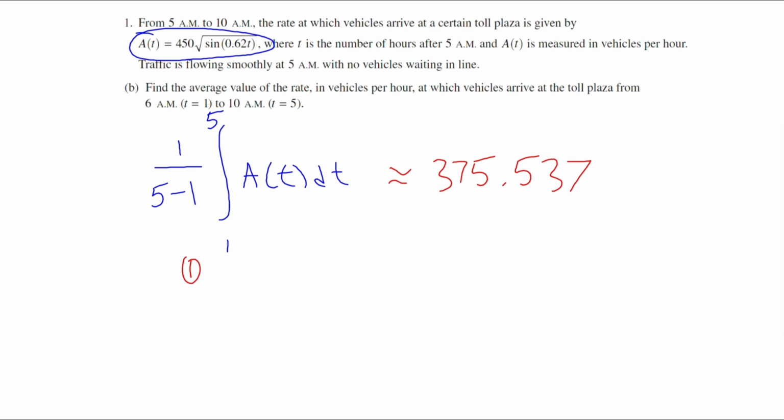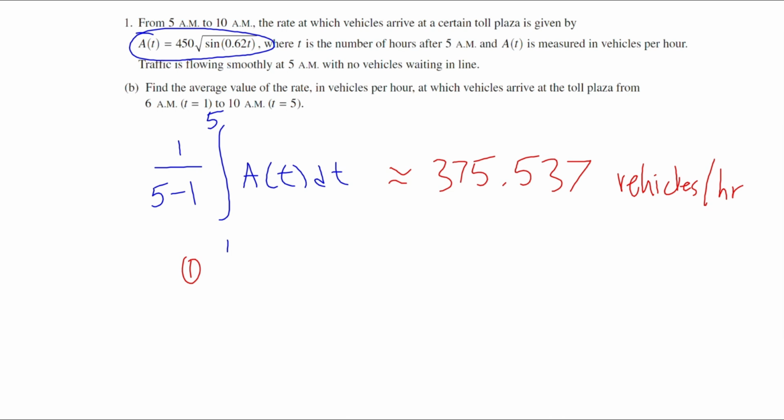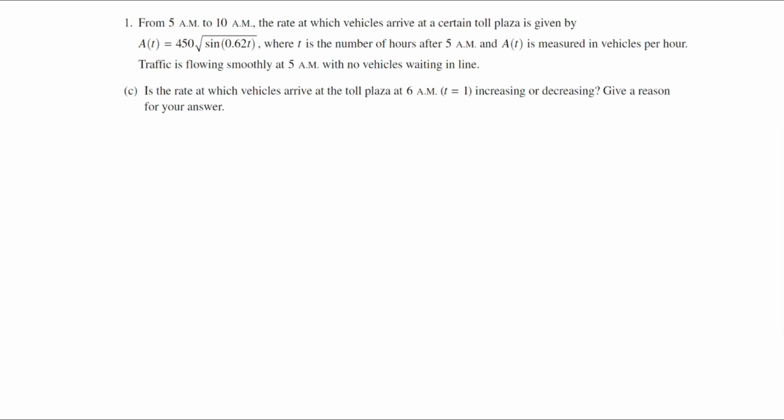And it doesn't ask for units, but we could, if we want to, add vehicles per hour, since that's what our units are, just in case you came across a problem similar to this that did ask for it. It's about an average of 375.537 vehicles per hour. And that's our second point there. So we got 3 total points so far from parts A and B.